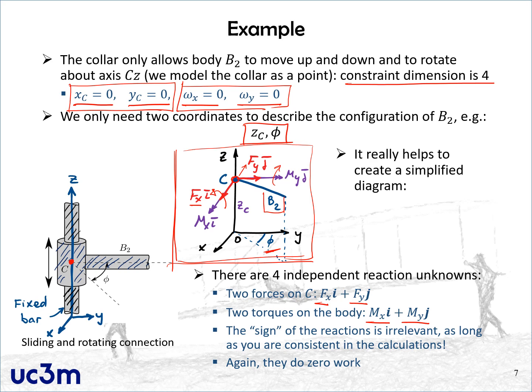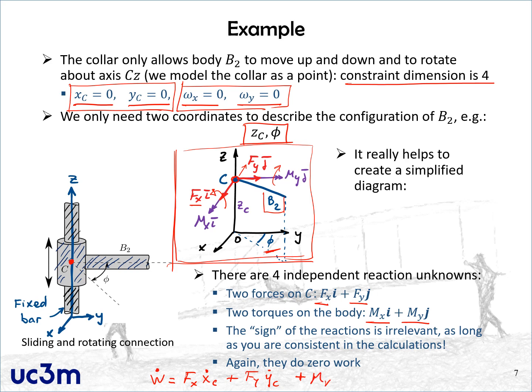Finally, I also want to make a comment regarding the work of these forces and torques. Observe that they do not exert any work, and this is because the constraint is stationary. How do we write down the power associated to this constraint? Well, that would be the product between Fx and x dot, plus Fy y dot, plus, for the torques, the power, as you know, is the product of the moment times the angular velocity.